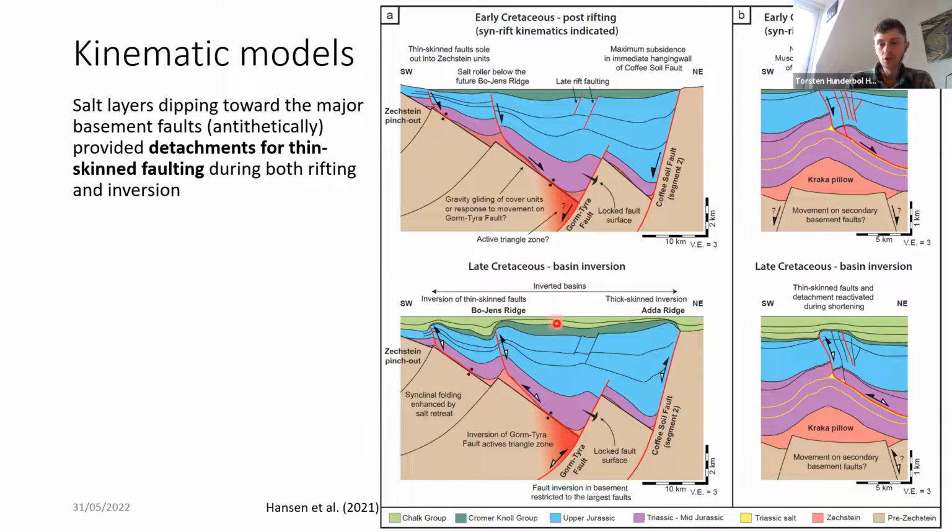Then shortening occurred, and we saw reverse reactivation on the master fault, and also on these thin-skin faults along the western margin of the rift basins.